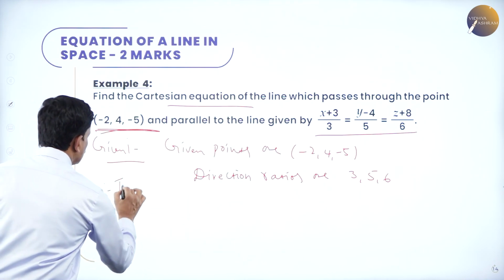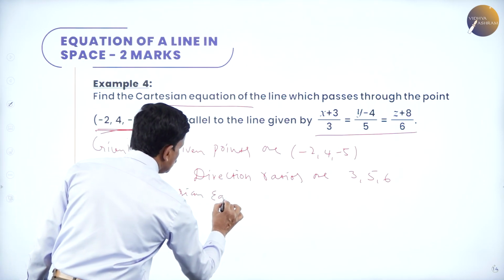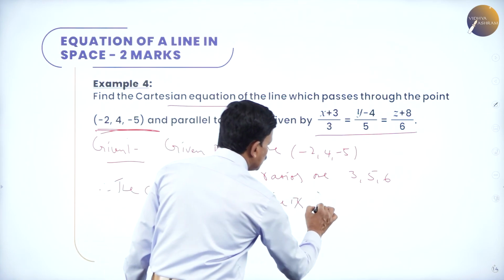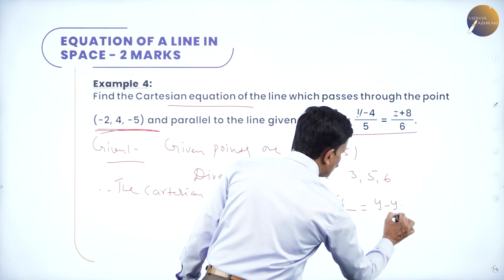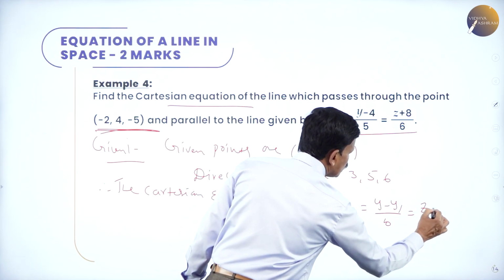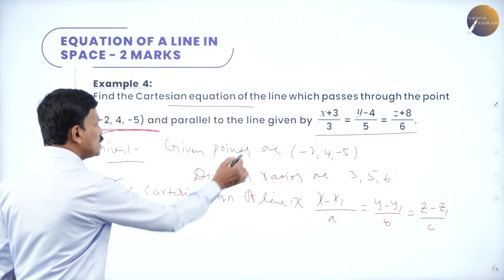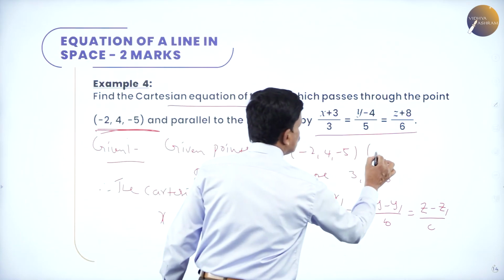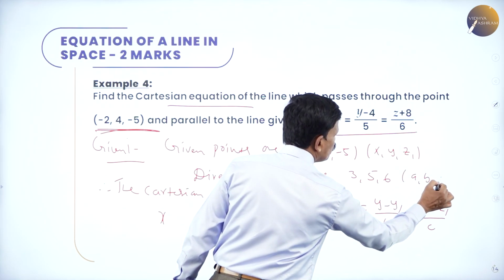So the Cartesian equation of a line is x minus x1 by a is equal to y minus y1 by b is equal to z minus z1 by c. So here, what are the points? These are the points x1, y1, z1. This is a, b and c.